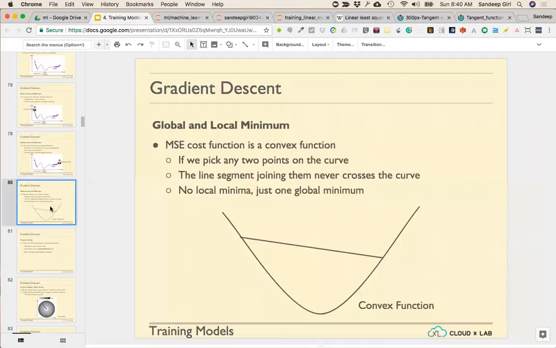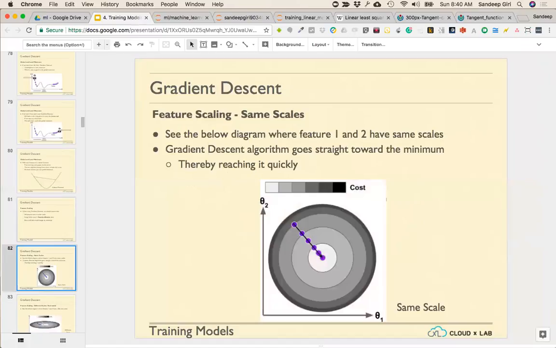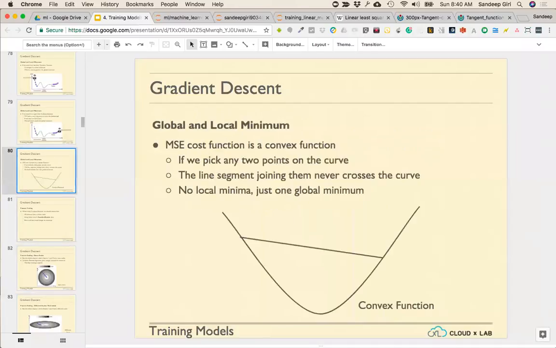Now, going ahead, let's take a very good question from Kamal, about when the cost function is a convex function.